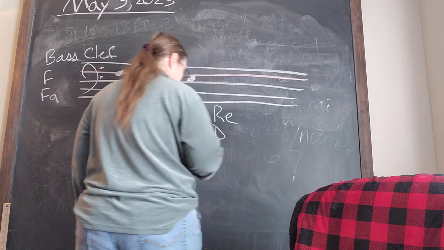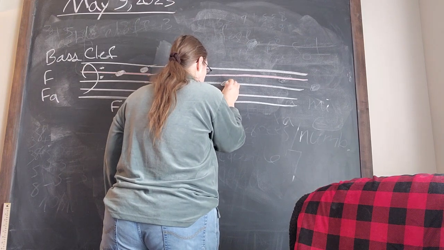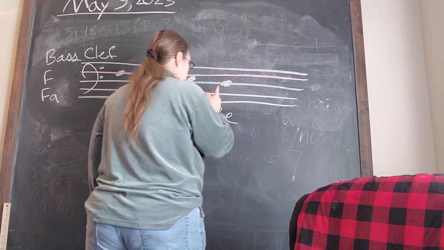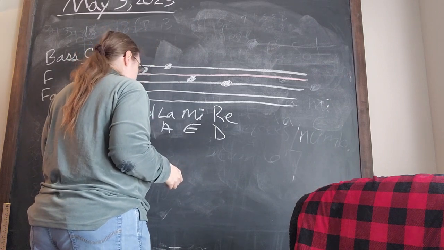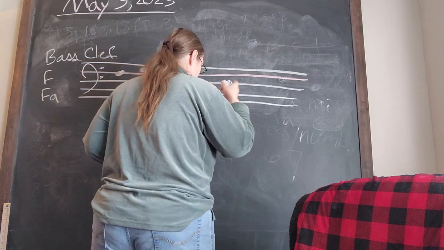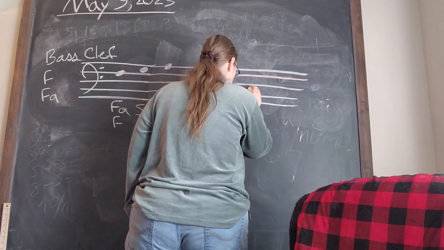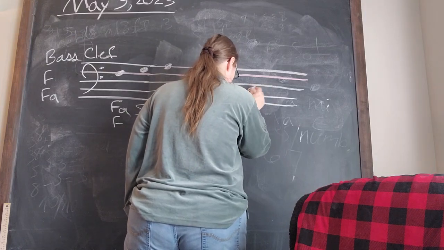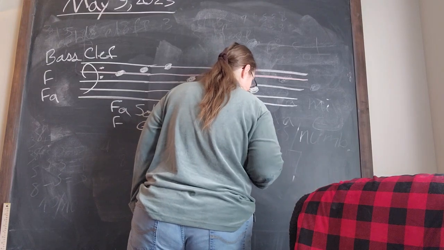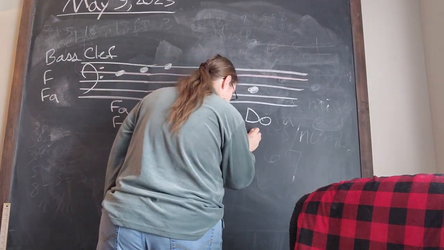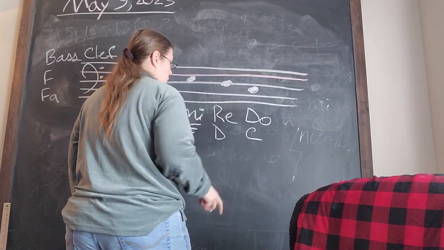Alphabetically, it's going to be the pitch D, and that's written on the third line. Re, you have do. Unless I have a cold, I don't normally sing this low. This is the pitch C, do.